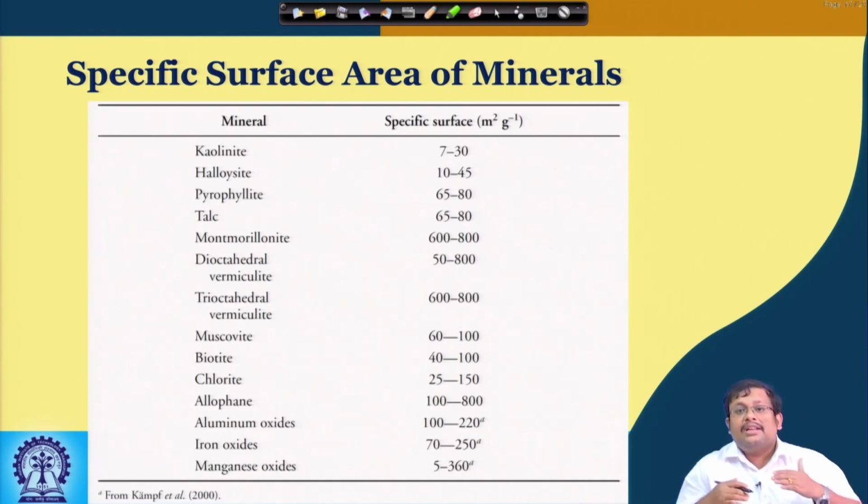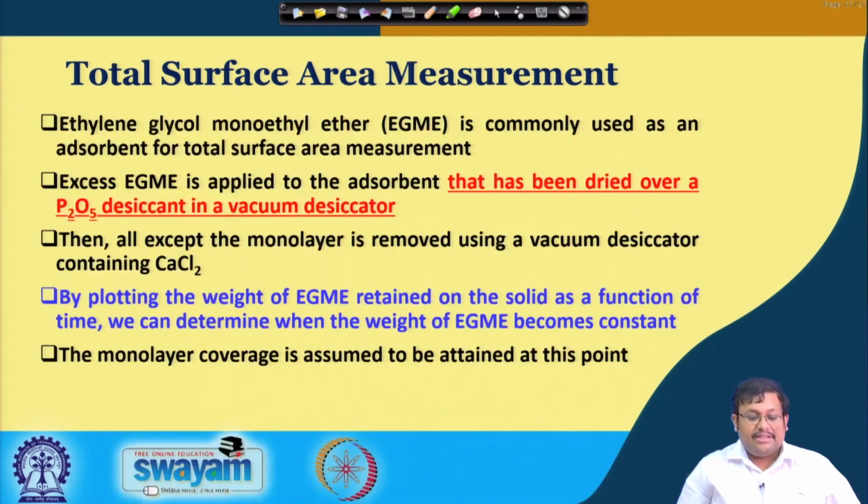Remember, in case of kaolinite, the accessibility of the interlayer is very less. There is no interlayer because the structure is collapsed and there is no interlayer space. However, in case of montmorillonite and vermiculite, there is huge interlayer space. As a result, the specific area is also higher in case of montmorillonite and vermiculite as compared to kaolinite.